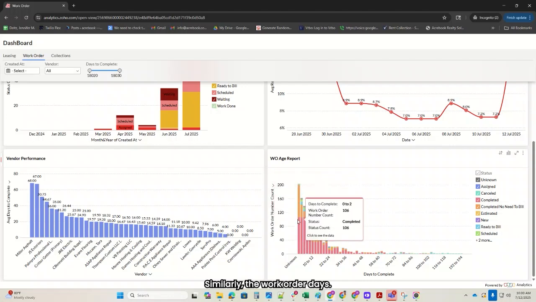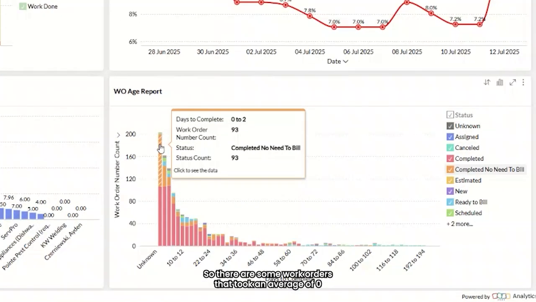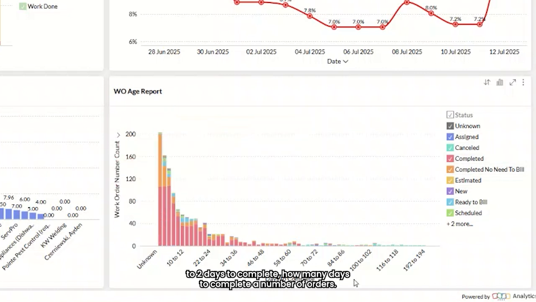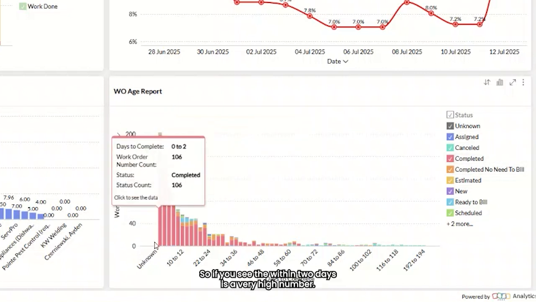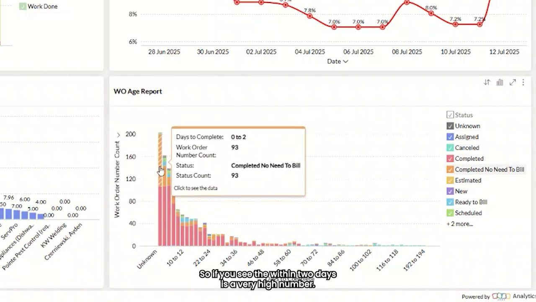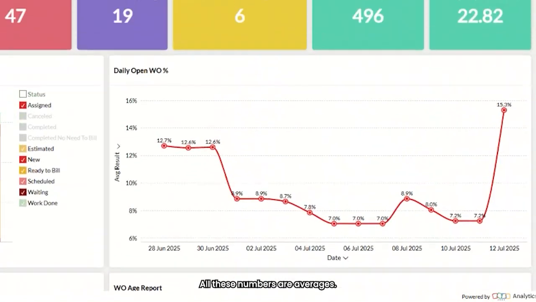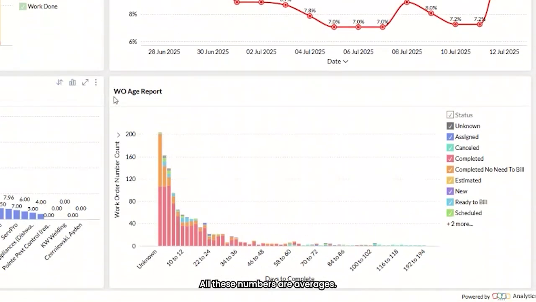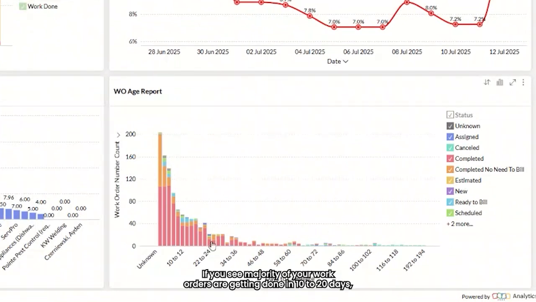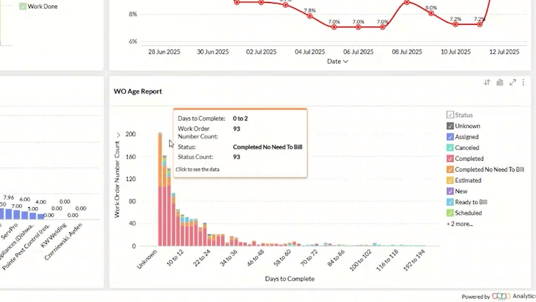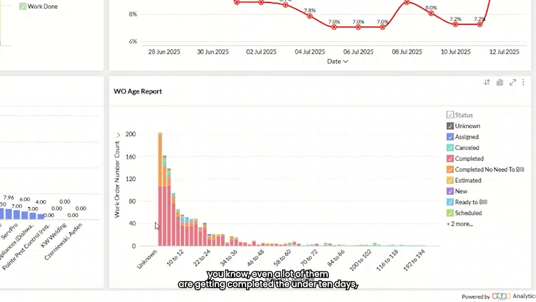Similarly, the work order days, there are some work orders that took an average of 0 to 2 days to complete. How many days to complete and number of work orders. So if you see, within 2 days is a very high number. All these numbers are averages. There could be some work orders that are skewing this data. If you see, majority of your work orders are getting done in 10 to 20 days, or even a lot of them are getting completed in under 10 days.